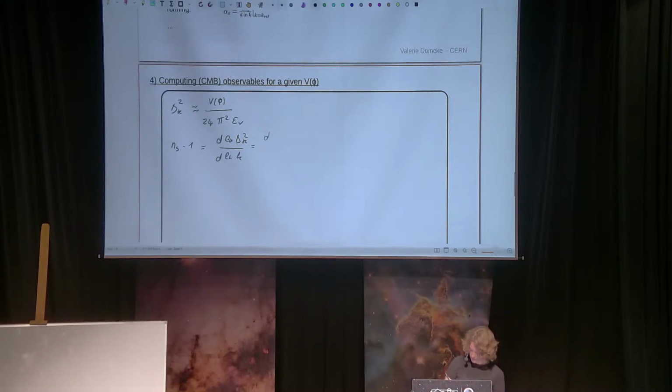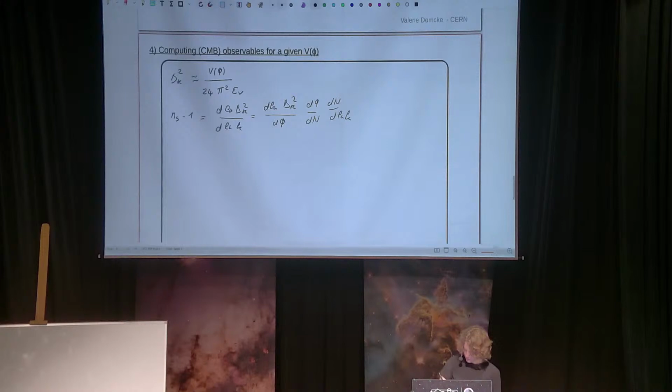Then you rewrite that as d ln delta R squared over d phi, times d phi over dN, times dN over d ln k. This is the leading order in epsilon. This is just 1 because k grows exponentially in N. This one we computed in some earlier lecture: dN is just minus 1 over 2 epsilon d phi.